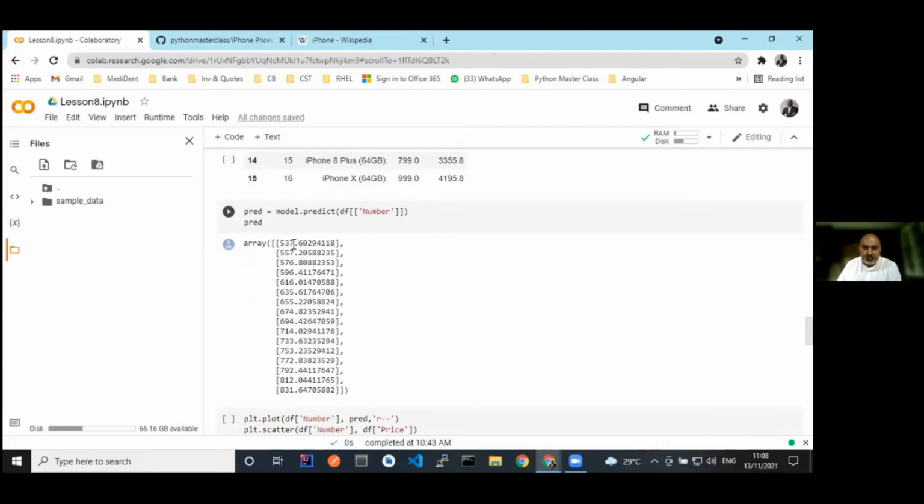The previous value was 499, but it's predicting 537. You can see these are all predicted values. And finally, for the 16th, it predicted 831, when the actual value was 999. So you can see that the values are not correct at all. Probably one, maybe two, are actually correct.